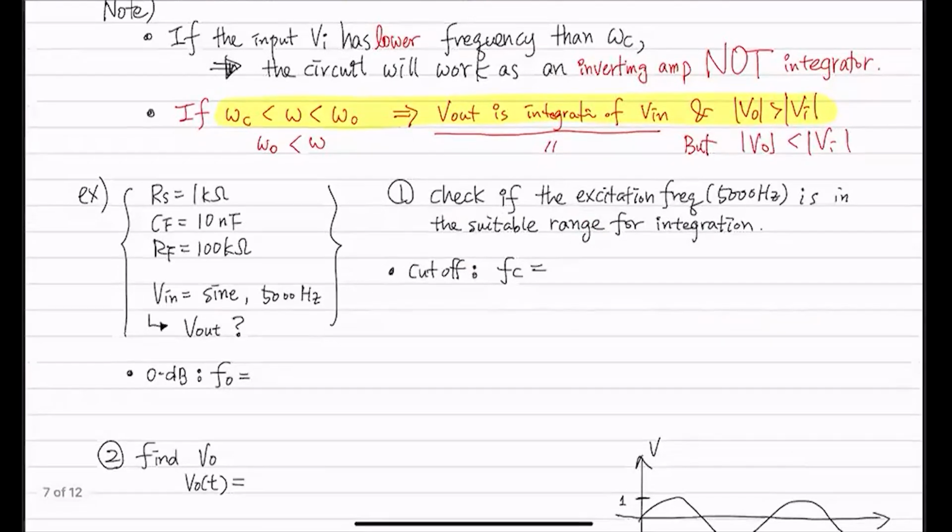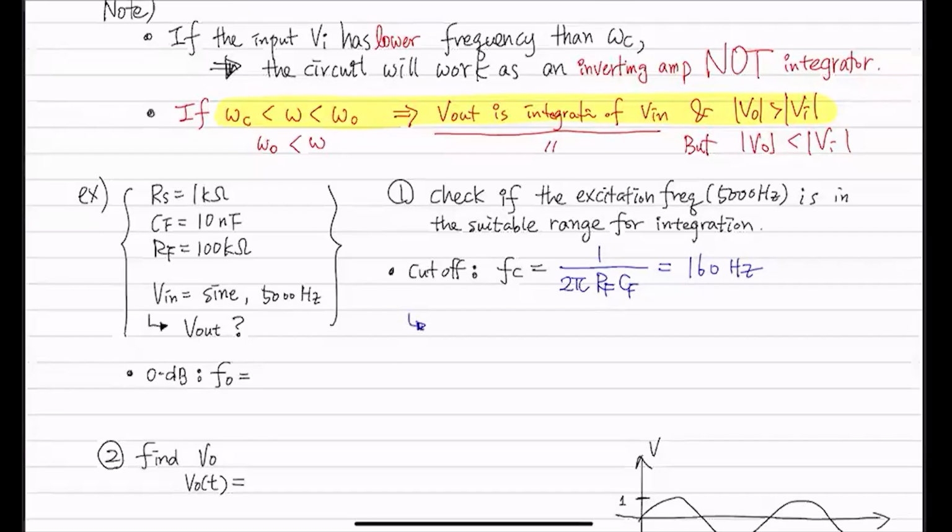The cutoff frequency FC was 1 over 2 pi RF CF. And if you do the math, it's going to be approximately 160 hertz. RF is 100K, CF is 10 nano. So you just plug those in, and that is going to be about 160 hertz.